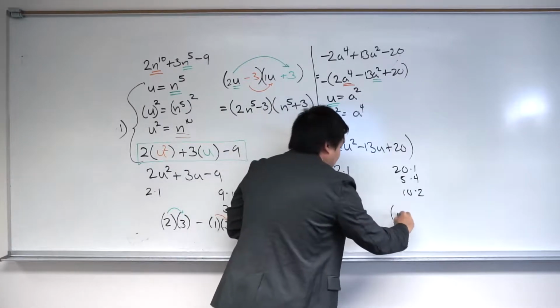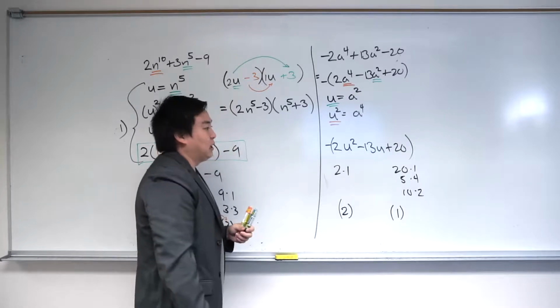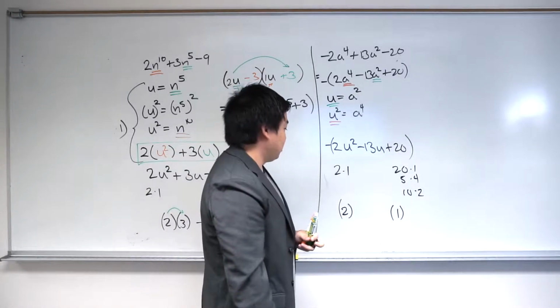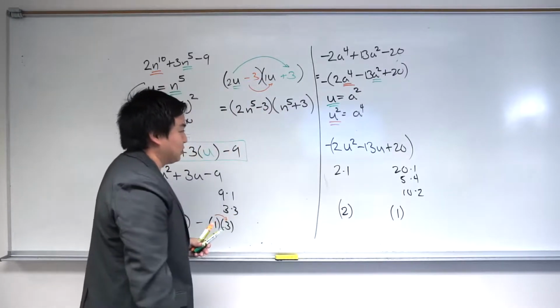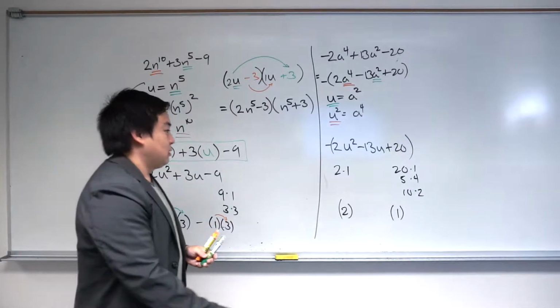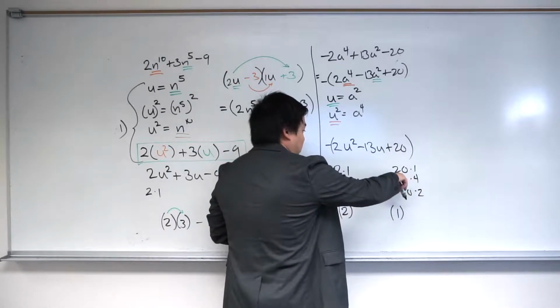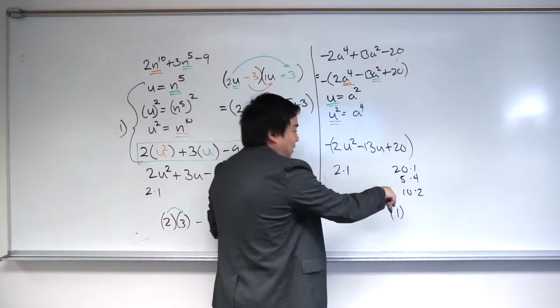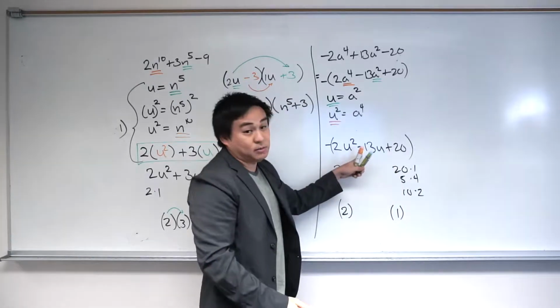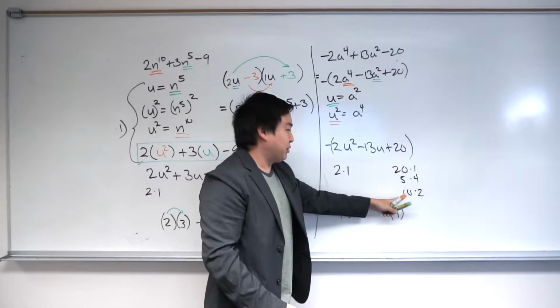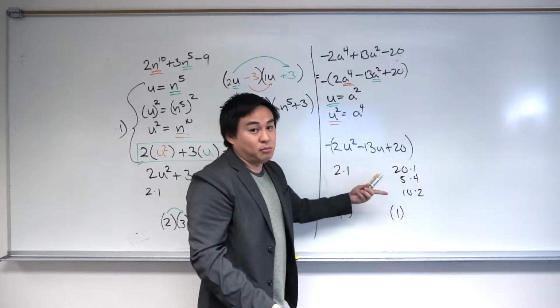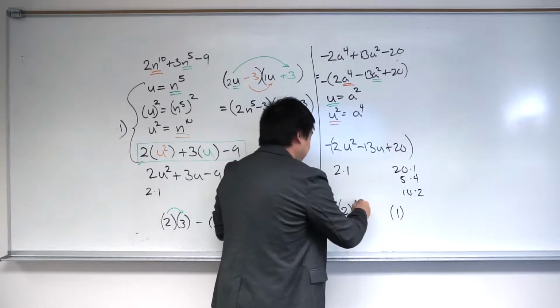So again, the first two are 2 and 1. And what can we do here to get 13? So again, I'm going to disregard the 20 because I think the 20 is going to give me something too big. And similarly with the 10, so I'm going to try the one in the middle first.